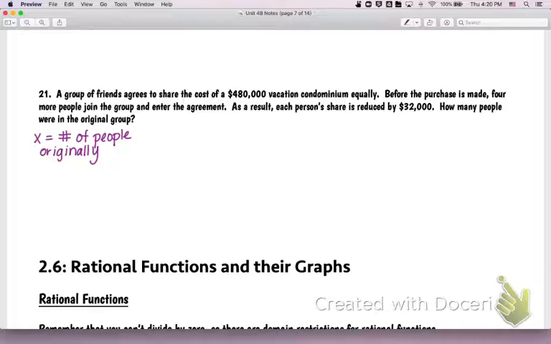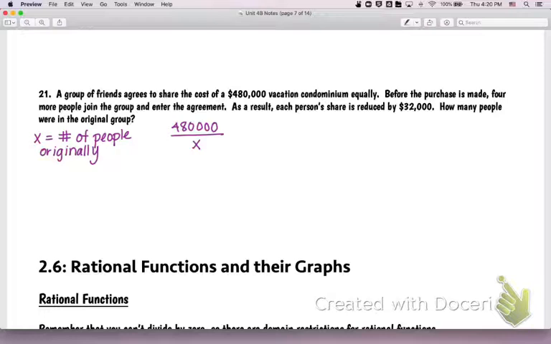Okay, so let's think of this. At the start, what would be the cost of the vacation per person? Well, at the start, it's $480,000 divided by X number of people.